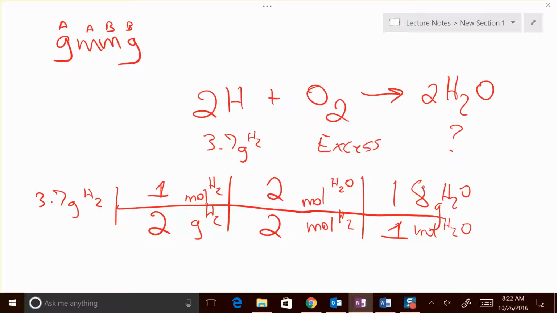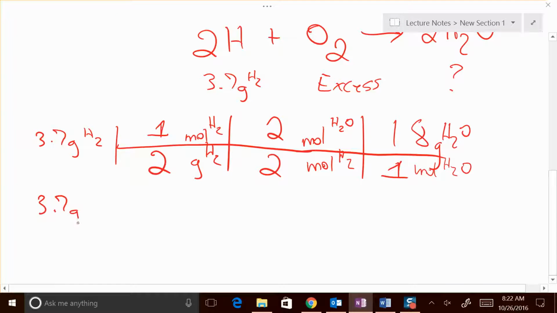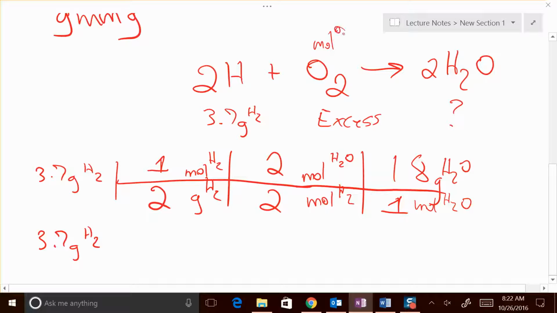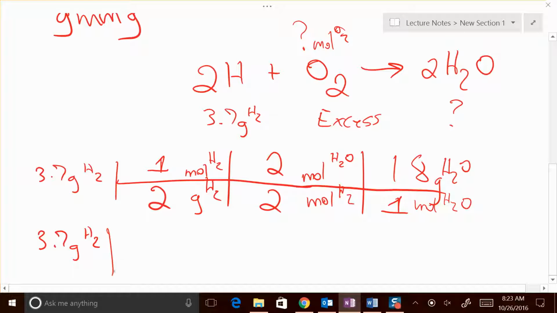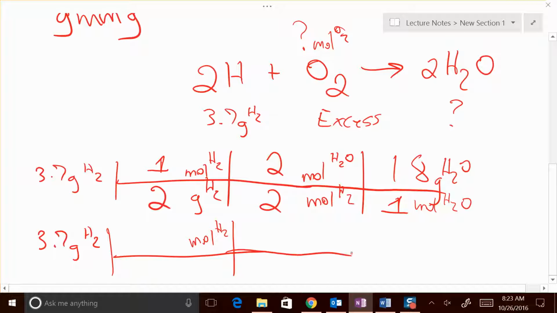What if they had started with the grams, 3.7 grams of H2, and they wanted to know how many moles of O2 react with it? Okay, so how many moles of O2? Well, I would go grams of H2 to the moles of H2 to what? Moles of O2. That's what I'm trying to find, and I would stop because that answers the question. I wouldn't keep going to the grams of O2. That would be unnecessary.